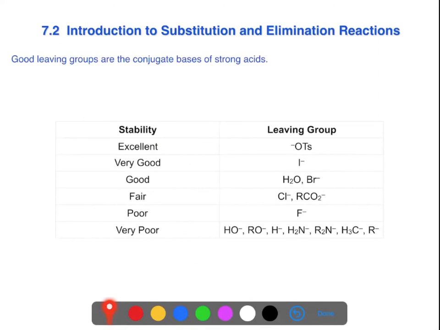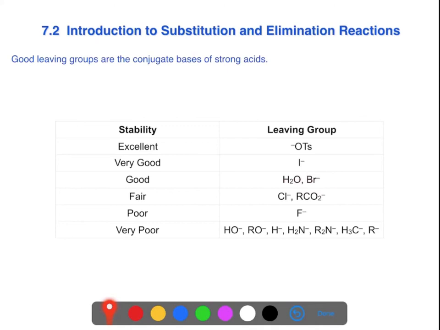Now what I've done here is tabulate the various leaving groups and rank them from excellent to very poor based on various organic textbooks. As you can see, the tosylate is one of our best leaving groups, followed by the iodide. Then in the middle of the pack, we have our good leaving groups, neutral water and the bromide.